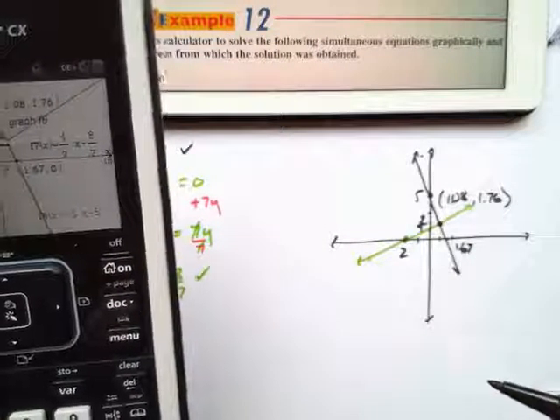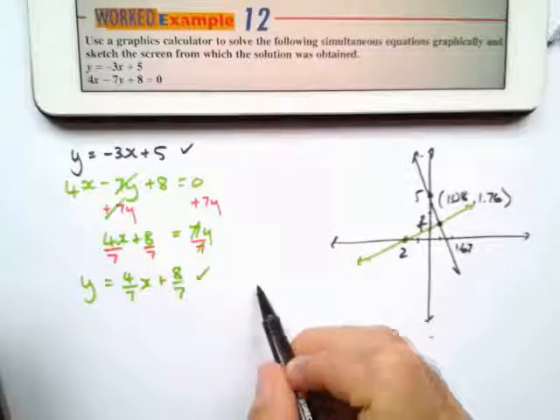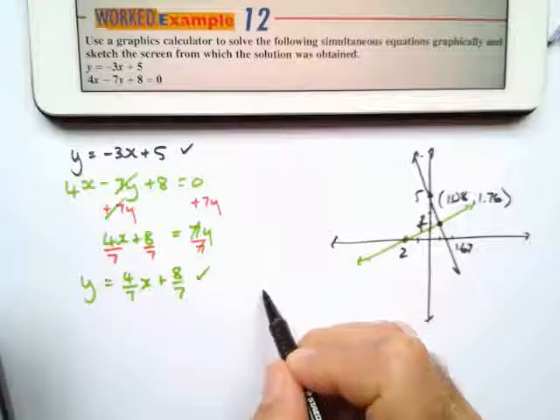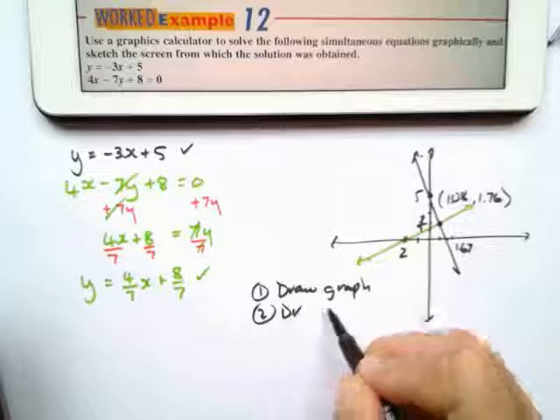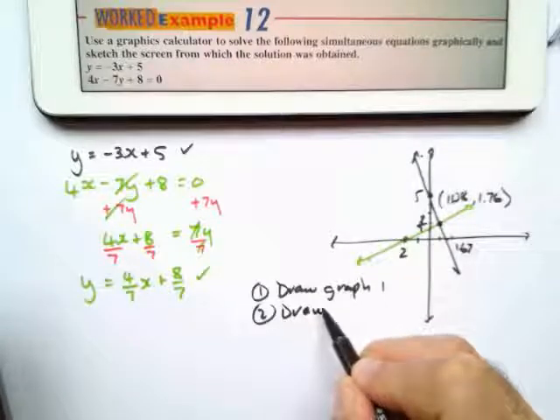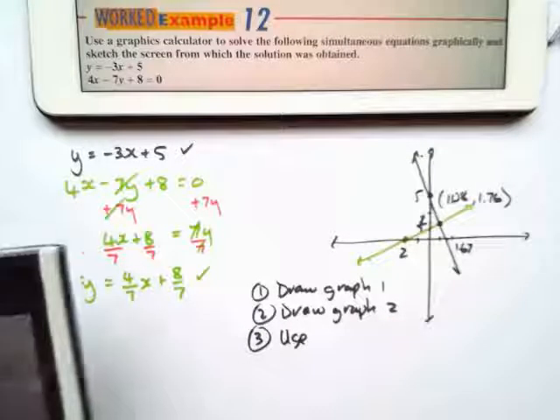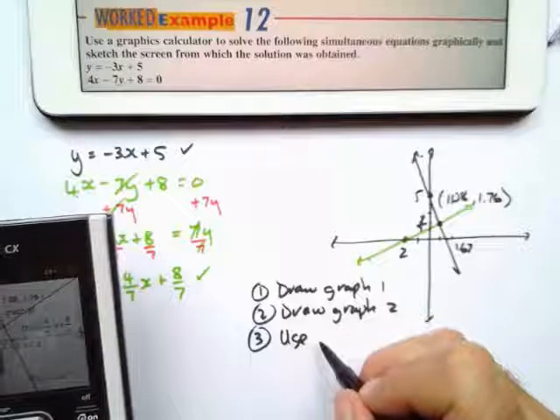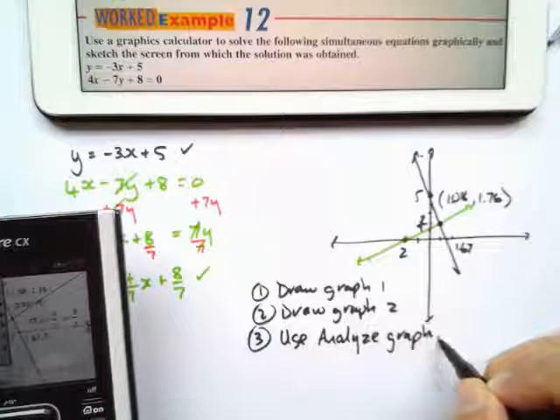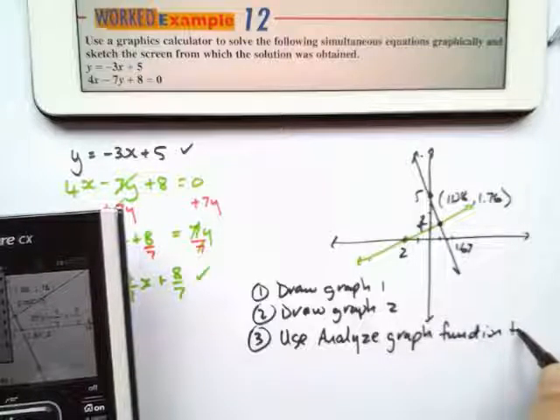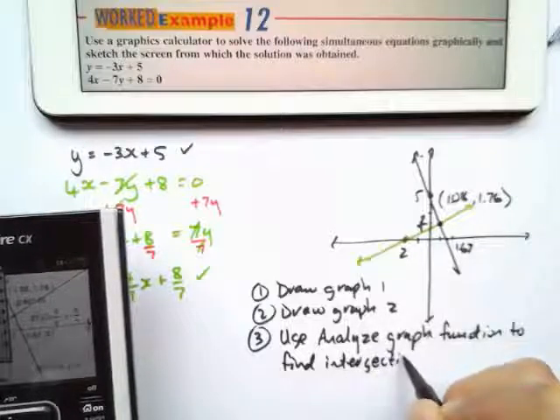If they say you need to justify this, how you will justify it is you'll have to have this here, and then also have maybe steps: draw graph 1, draw graph 2, use the analyze graph function to find the intersect.